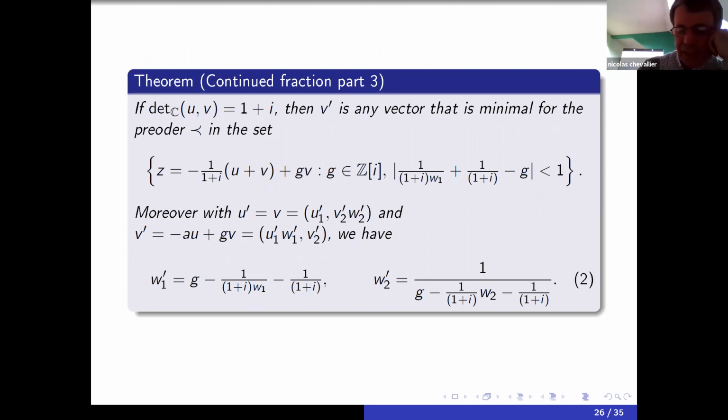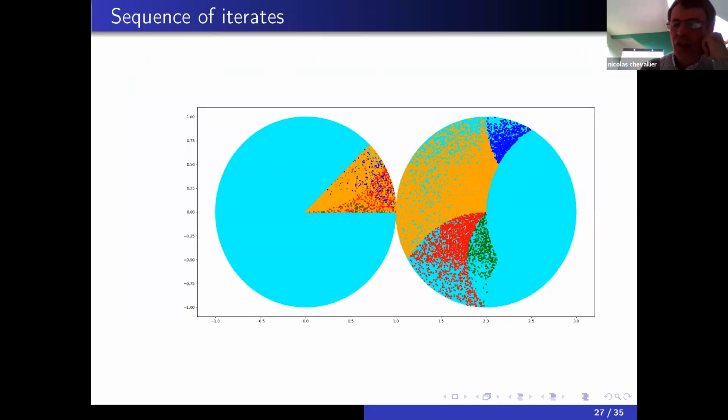And we can iterate this map, and I just show the iteration of this map. Here, there are more than 100,000 iterates of one point, and we only look at W1 and W2, not U1 and V2, just W1, W2, which are the important parameters.